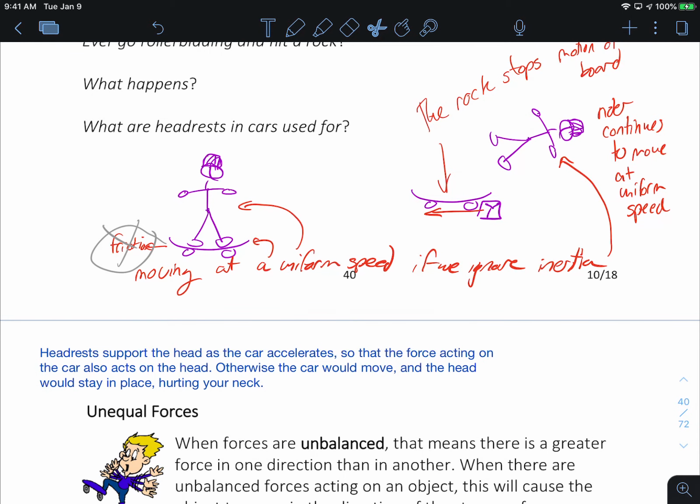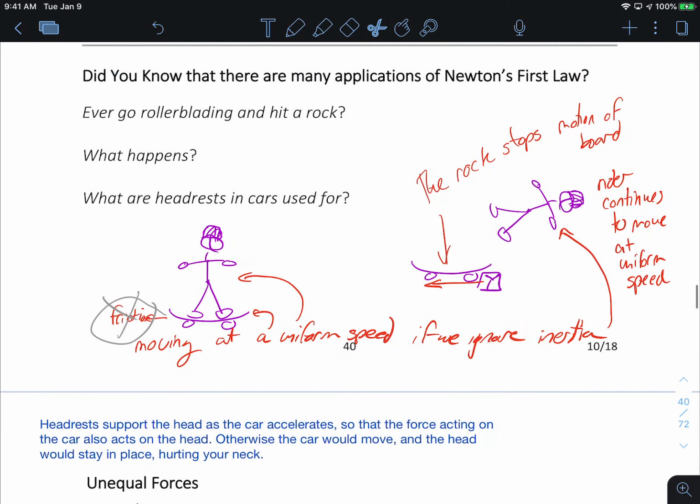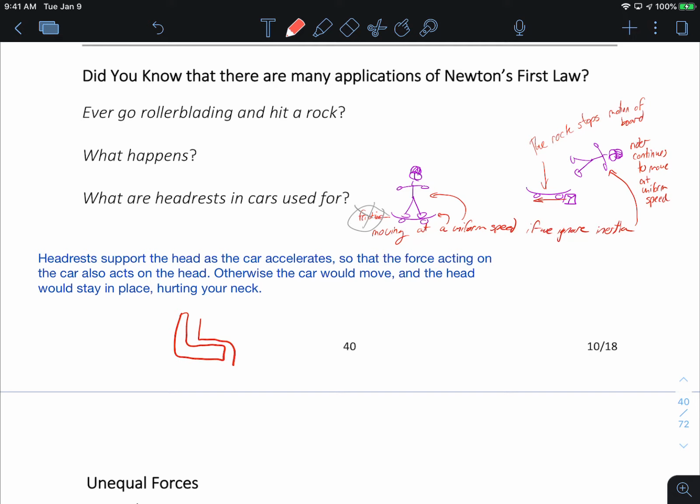One of the things you'll notice about physics is that it really benefits from being able to doodle. So I'm going to put that over here, and I'm going to put this one up here. So here is your person sitting in the car. If you have a chair like this with the head up here and the person's arms are on the steering wheel, then when the car goes forward, when the engine force moves the car forward, the head has no force.